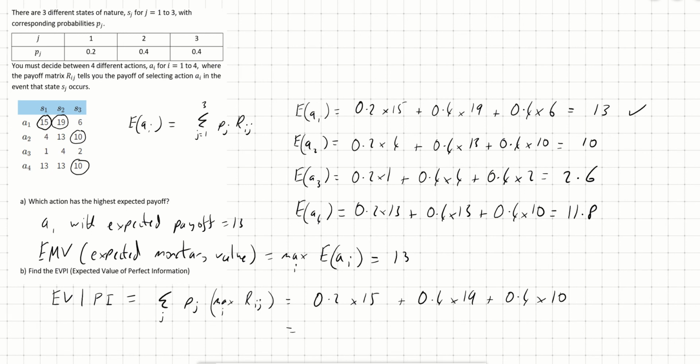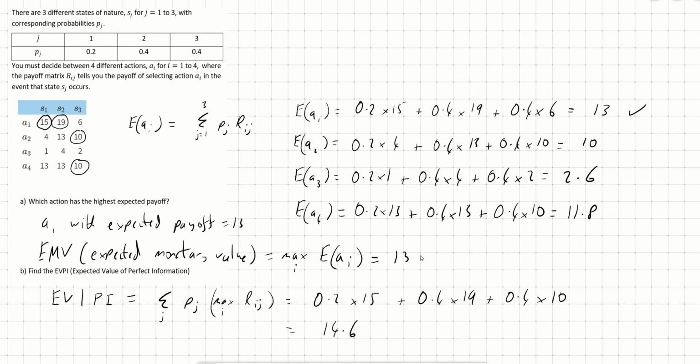So for this EV given PI, we did this calculation, 0.2 times 15 plus 0.4 times 19 plus 0.4 times 10. I think if you work that out, you get 14.6. So that's the expected value you would get if you had perfect information, you knew what state we were in, and so could choose the optimum action in each state.